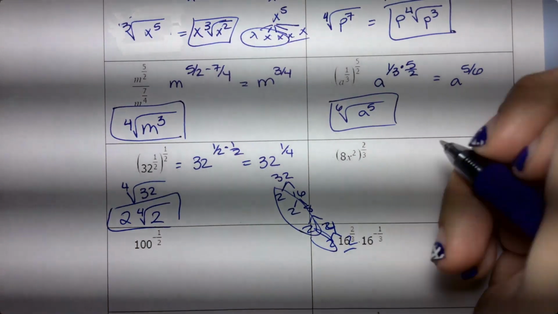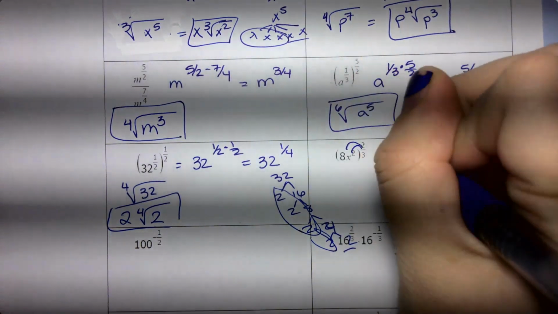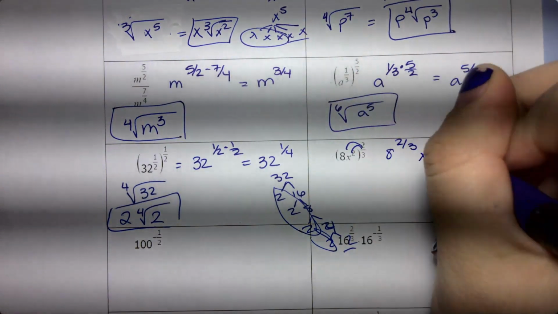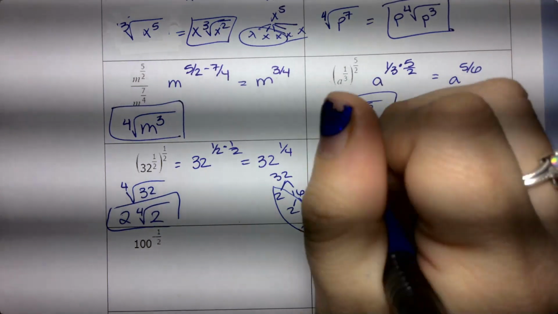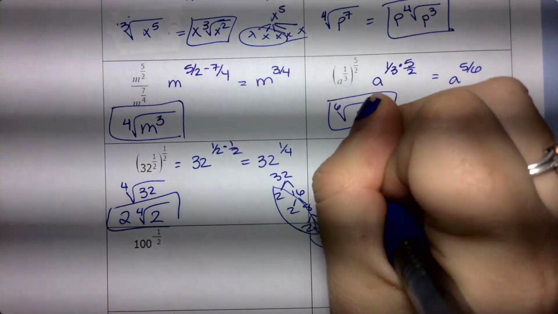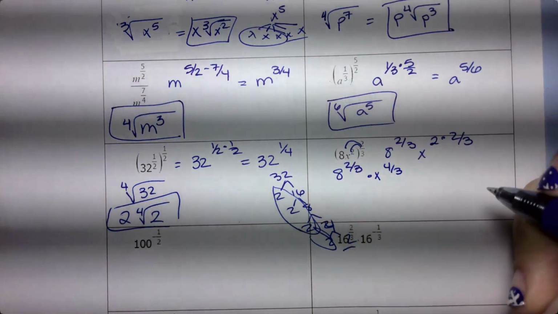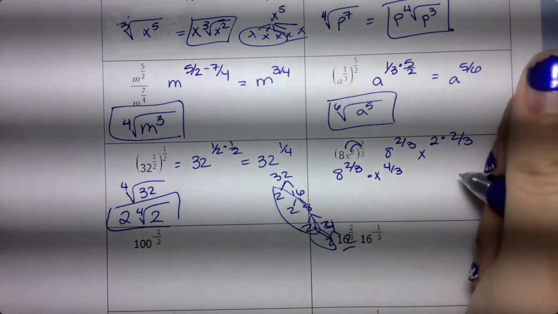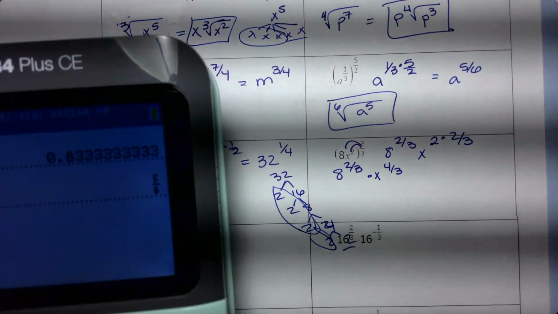Next one, I want to distribute in. So I'm going to have 8 to the 2/3. And then I have 2x to the 2 times 2/3. So I'm going to rewrite. I have 8 to the 2/3 still, times x to the 4/3. 8 to the 2/3 I can do by hand, or I can use my calculator because it never told me to do it by hand.